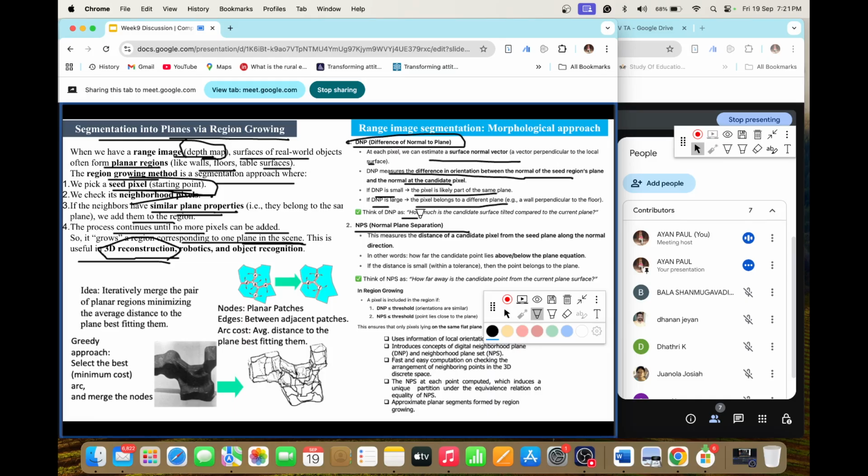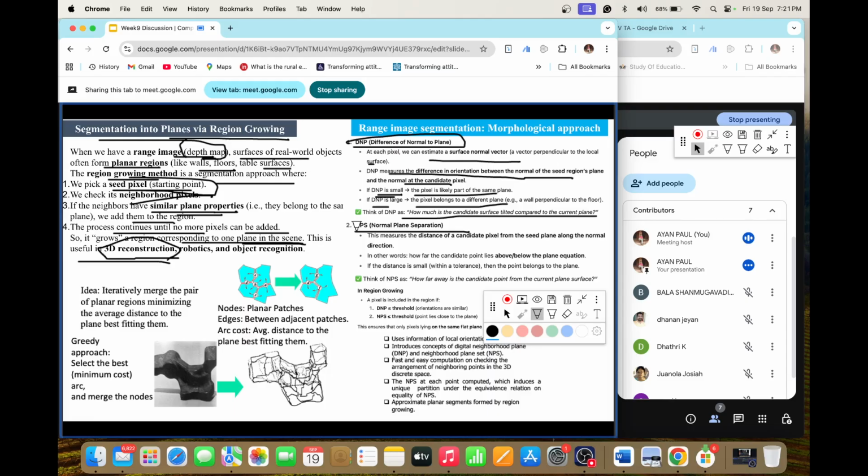Think of DNP as how much the candidate surface is tilted in comparison to the current plane. If the tilt is below a certain threshold, or DNP is small, we say the pixel is likely part of the same plane; otherwise the pixel is not part of the same plane. So this is the first terminology, the difference of normal to plane, DNP.